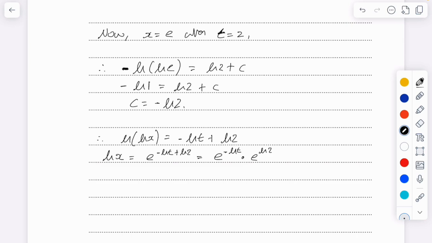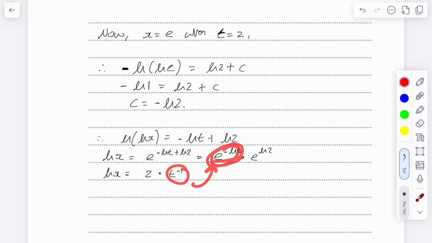Which means that ln x is going to equal 2, and we're going to have t to the minus 1, according to our exponential rules.